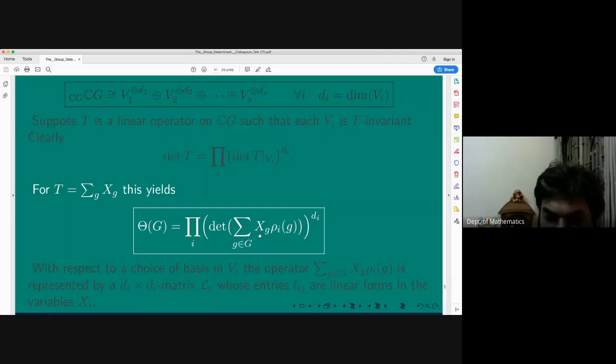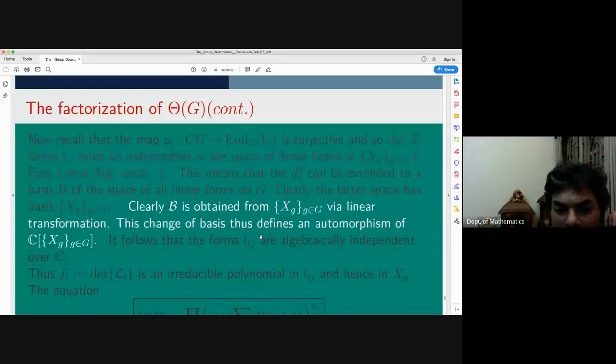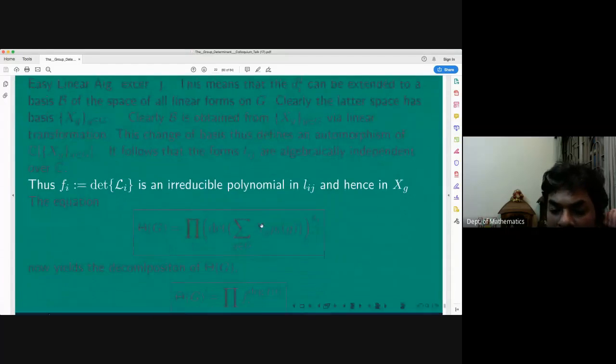If you take the determinant of this matrix whose entries are linear polynomials, then because this matrix has order di, the determinant will be a homogeneous polynomial of degree di. This is how the factorization of the group determinant takes place.